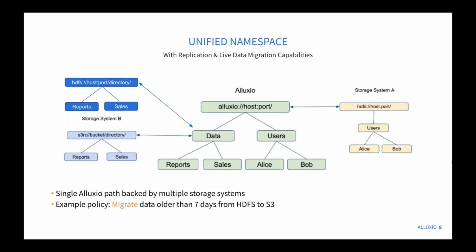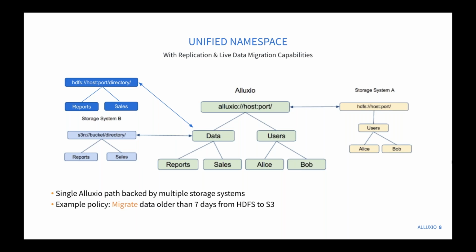But if you look at the left-hand side, that's the more interesting scenario, in which we have a single directory called data, and that directory is actually backed by multiple different storage systems. It's backed by HDFS and S3 at the same time. So part of the data can reside in HDFS, part of the data can reside in S3, and a single directory in the Alluxio file system namespace unifies both of these.